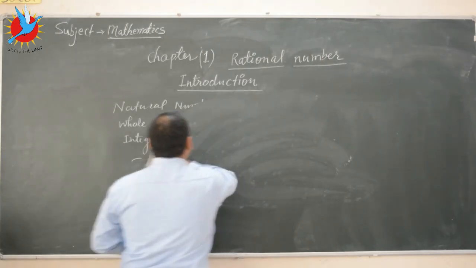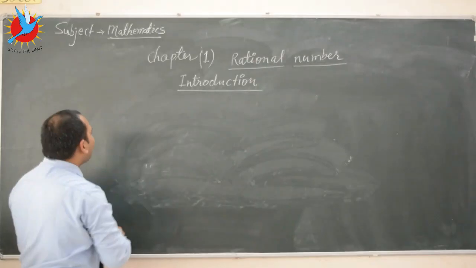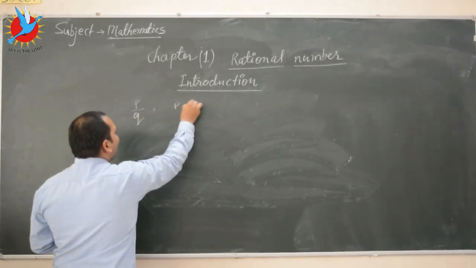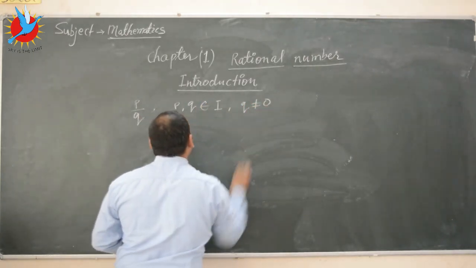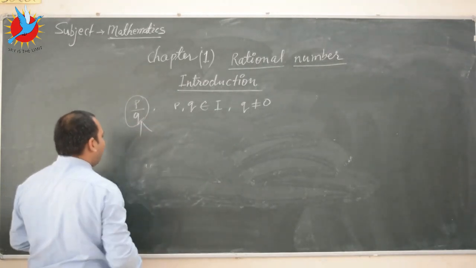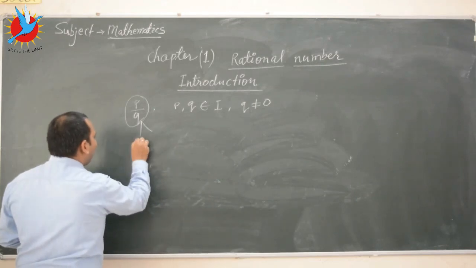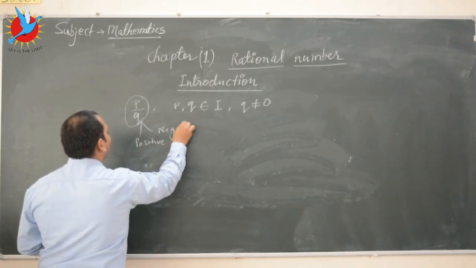A rational number is in the form p upon q, p and q are integers and q should not be equal to 0. Rational numbers are of two types: one is the positive rational number and the second is the negative rational number.